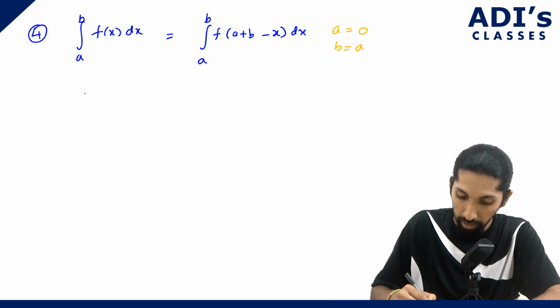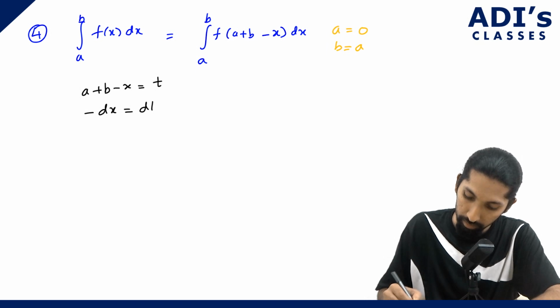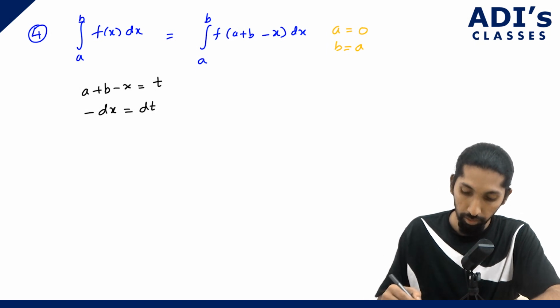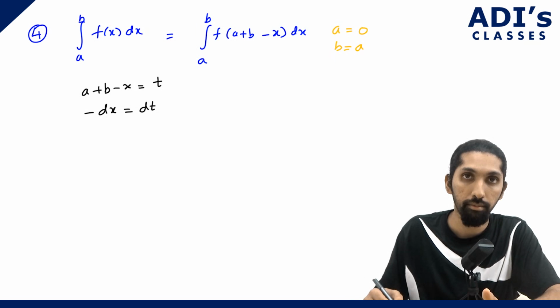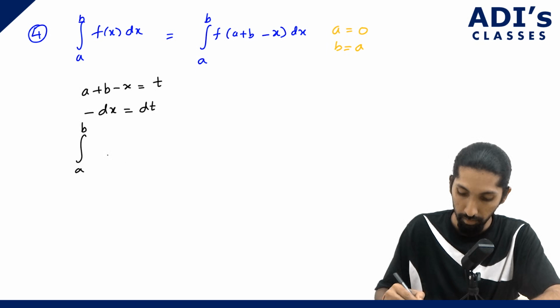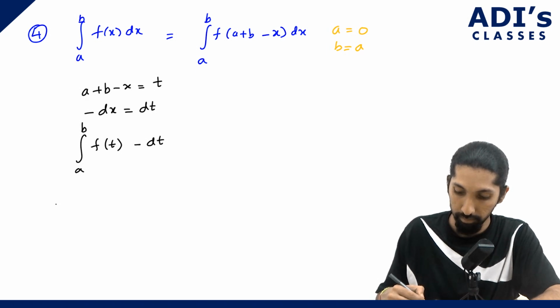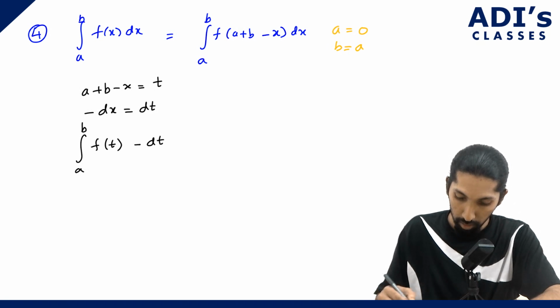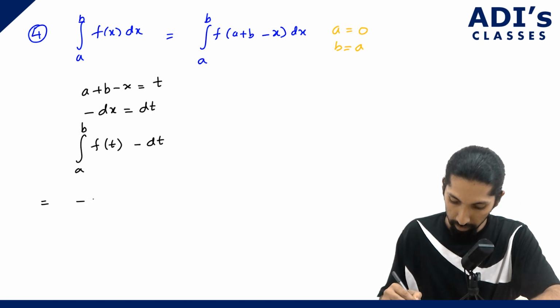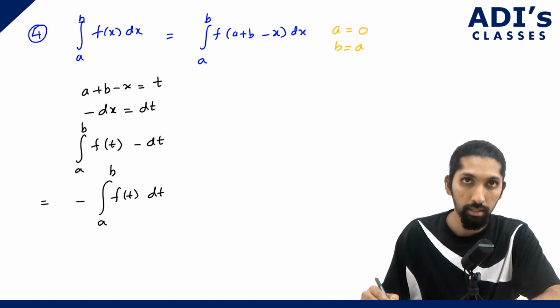That is, we'll take a plus b minus x as t. So you will have minus dx is equal to dt, isn't it? So we are going to apply that here. That is, see the RHS, integral from a to b f of t times minus dt, isn't it?